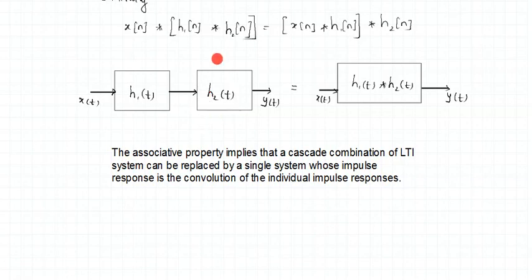A cascaded system can be represented with a single system whose impulse response is the convolution of the individual impulse responses. So the convolution of h1(t) and h2(t) is a single system to which you apply the input x(t) and get the output y(t), and this y(t) is similar to your y(t) if you perform convolution of the individual systems.